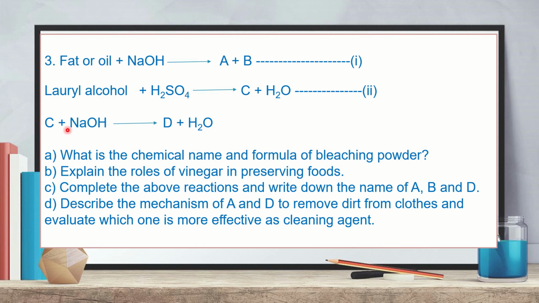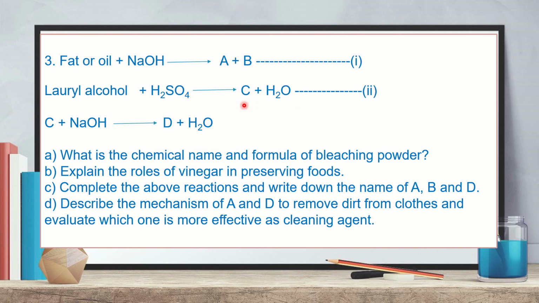Now, question number 3. Fat or oil reacts with sodium hydroxide and produces A and B. When fat or oil reacts with sodium hydroxide, it produces A, that means soap, and B, that means glycerin. Lauryl alcohol reacts with sulfuric acid and produces C and water. What is C? Lauryl alcohol reacts with sulfuric acid and produces lauryl hydrogen sulfate and water.